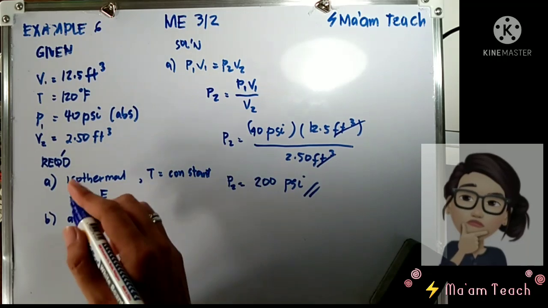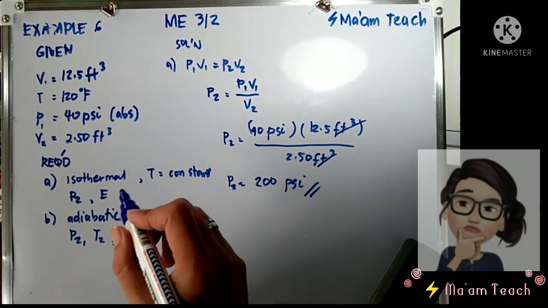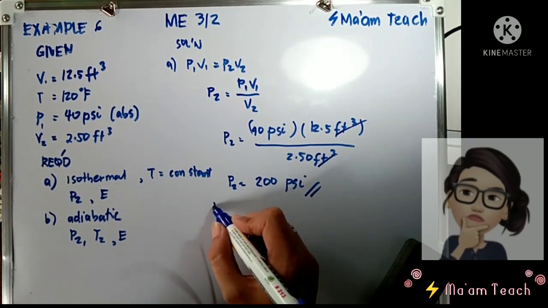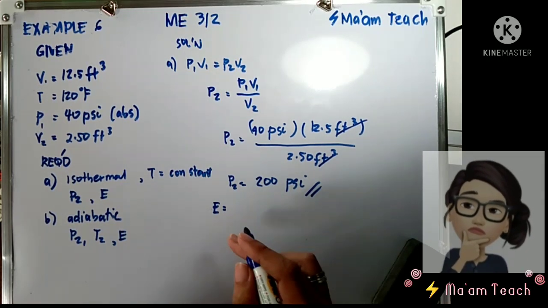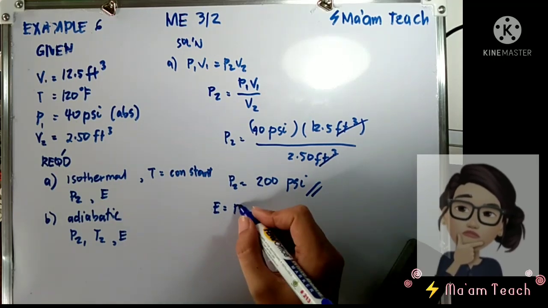Now, aside from P sub 2, we are asked for the bulk modulus of elasticity. In an isothermal condition, what is the value of our bulk modulus of elasticity? Looking at your lecture, the bulk modulus of elasticity is just equal to your pressure.